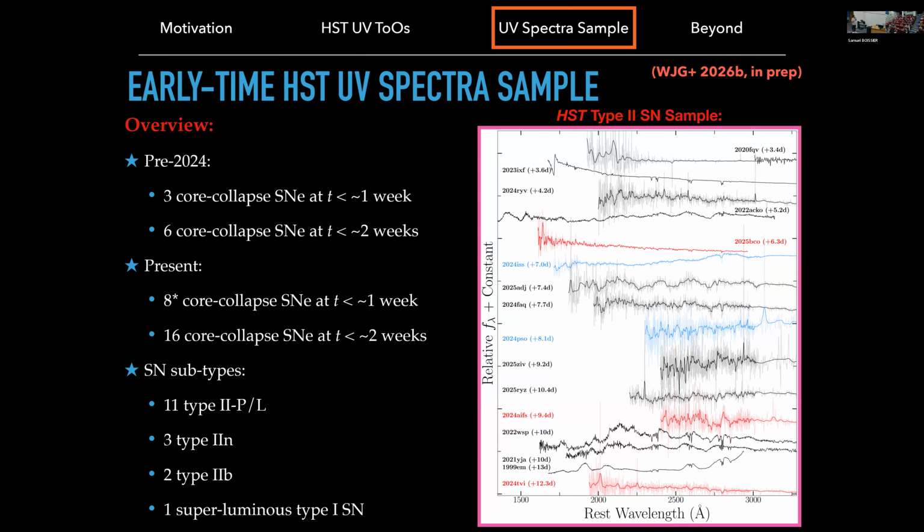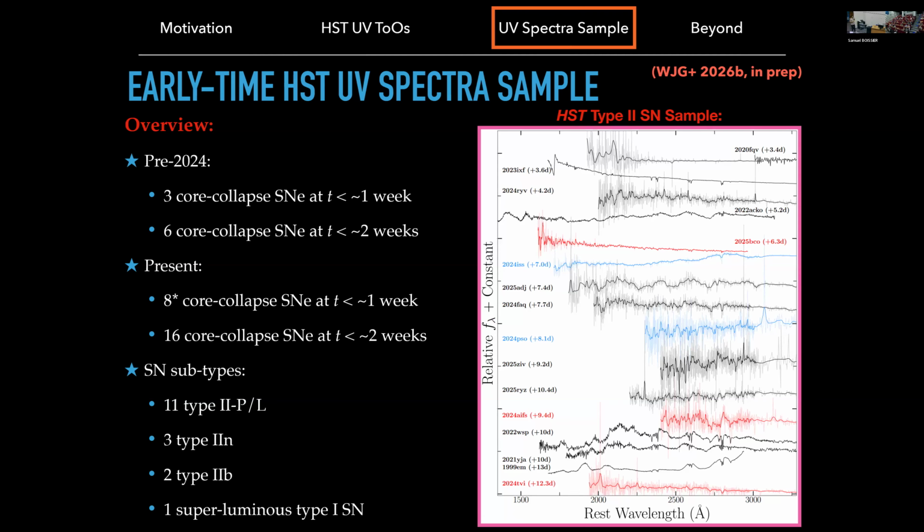To date, this is the current sample of less than 12 to 13 days post-explosion UV spectra of type 2 supernovae, including type 2Ns, interacting, type 2Bs, more hydrogen poor, as well as normal type 2Ps. It's not many objects, but I think we're starting to build a population of UV spectra of core collapse supernovae that we can use for sample statistics, or at least motivate future missions to do this in a more routine way.